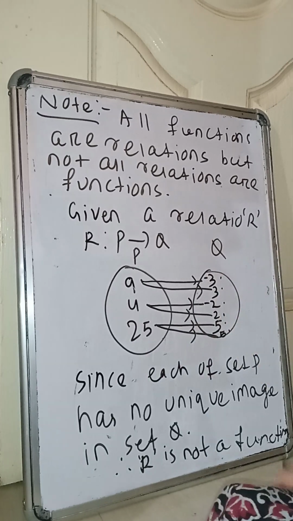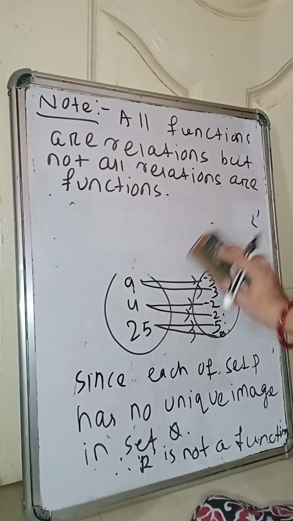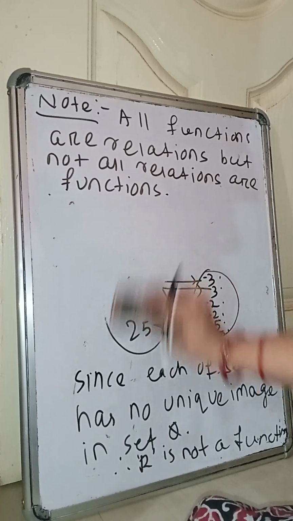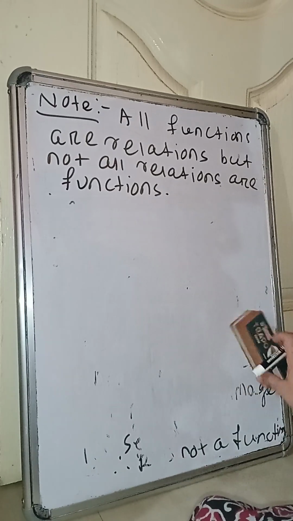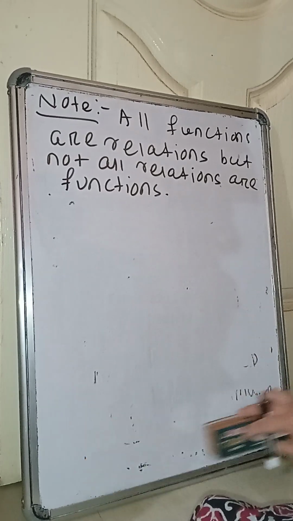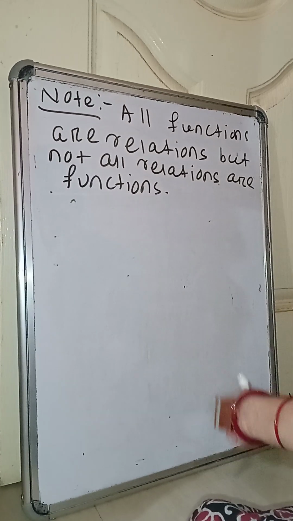So therefore these two are relations but not functions. You can solve more problems so that you will be more clear. If you have any doubt, you post in the comment section.